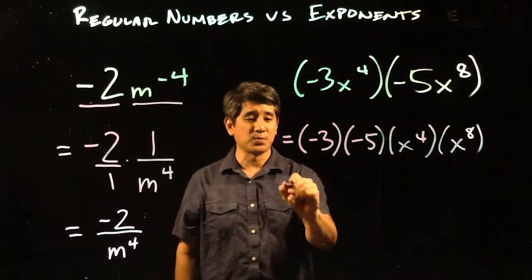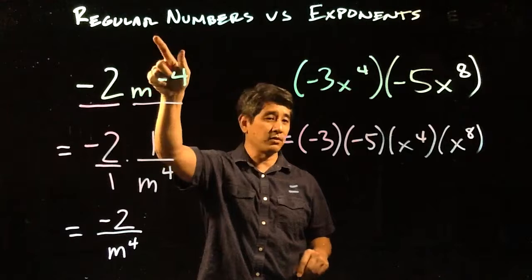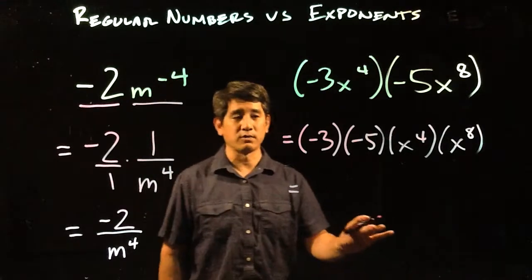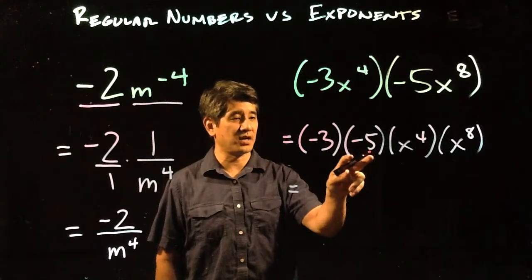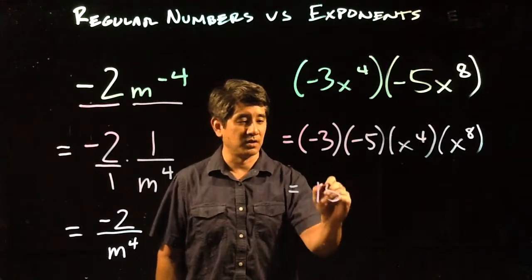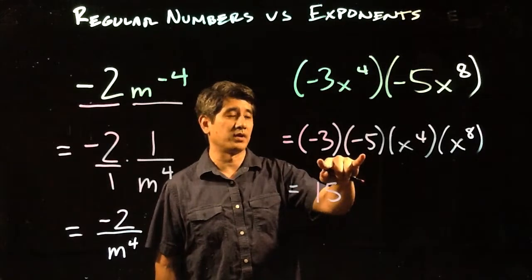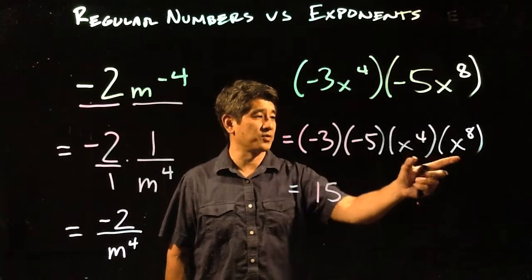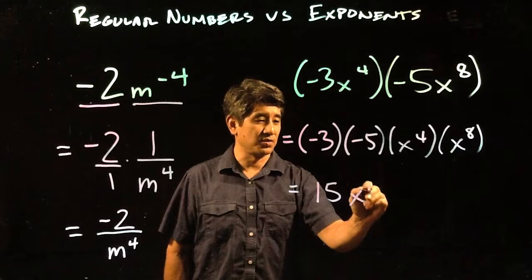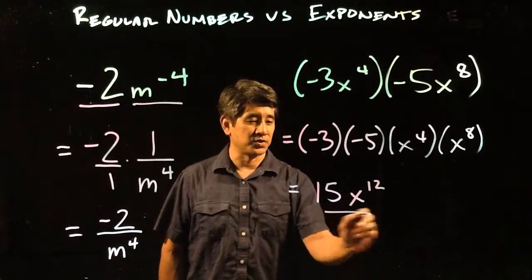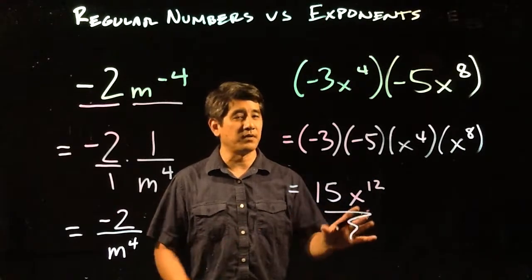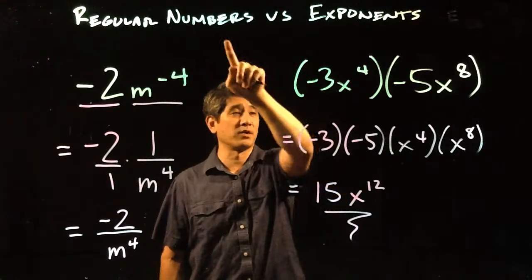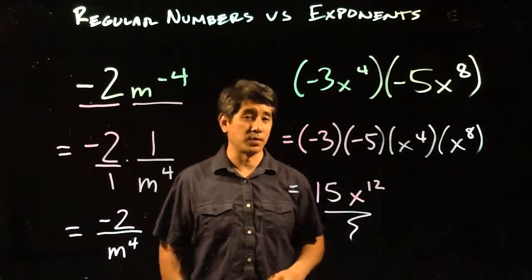So now when I do this problem, I'm going to treat my regular numbers as just typical regular numbers. Negative 3 times negative 5 is positive 15. We don't do it any differently from what we've done in the past. Okay, and in this case, our exponents are positives. X to the 4th times x to the 8th is x to the 12th. And there's our simplified answer. Okay, no flipping involved because these negatives were just regular numbers and not negative exponents.